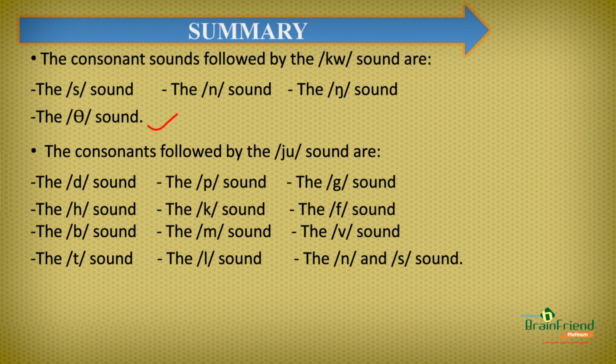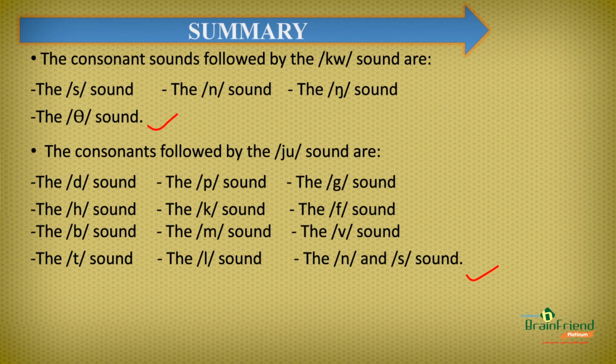And lastly, we've learnt that the consonants followed by the ju sound are the d, p, g, h, k, f, b, v, t, l, n, and s sounds.